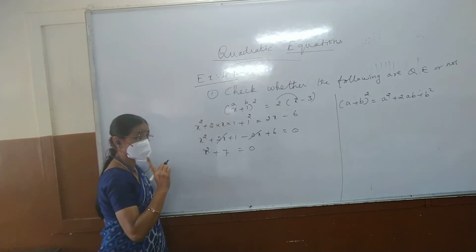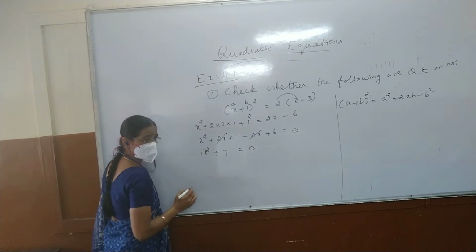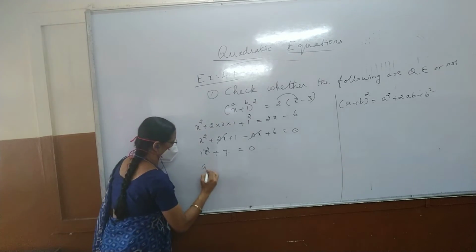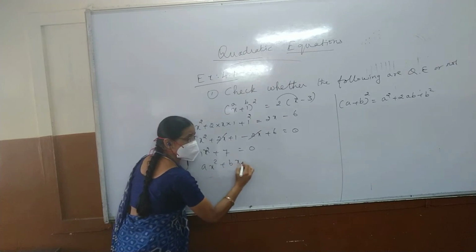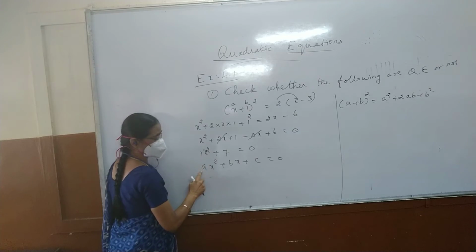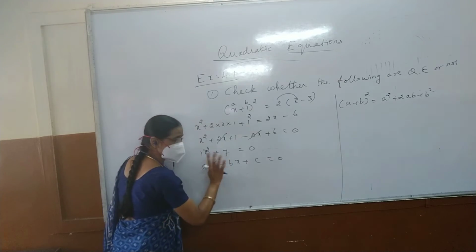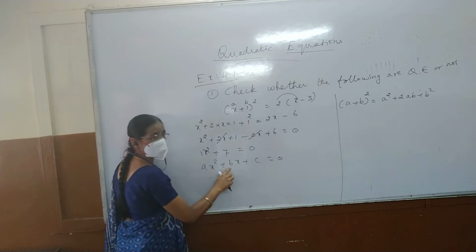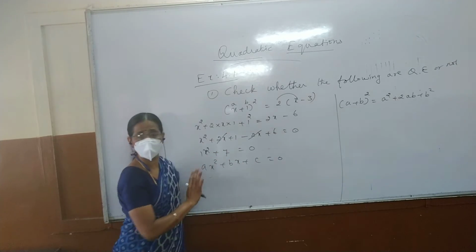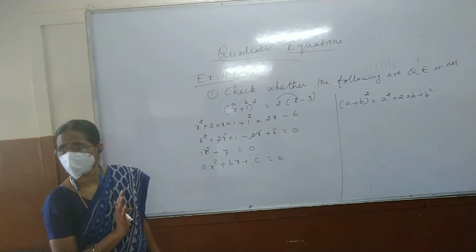A is 1. What is the value of b? In ax squared plus bx plus c equal to 0, for the x squared term, the coefficient is 1. The x term is missing, therefore b equal to 0. What is c? 7. So it is a quadratic equation.